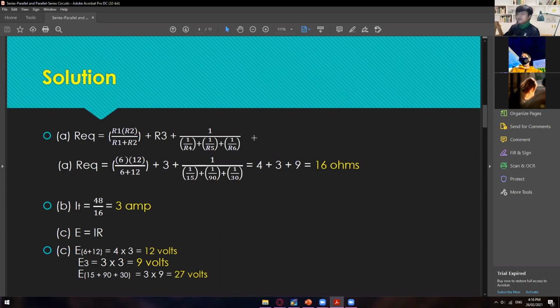All right, so let us now continue. Did you guys get this one, on how we got the 16 ohms? I would like you guys to verify whether our answers are correct or not. In some cases, my answer is incorrect.